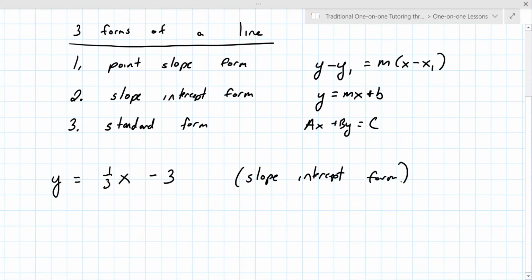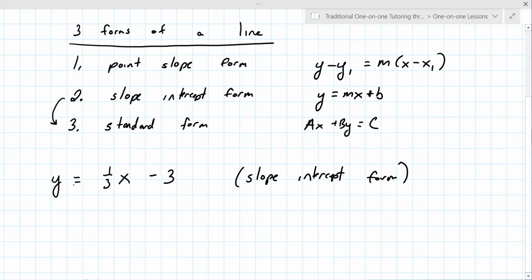All right, now to go from slope intercept form to standard form, do you see how x and y are on the same side of the equation? Are x and y on the same side of the equation here? Looks like there's an equal sign between them.